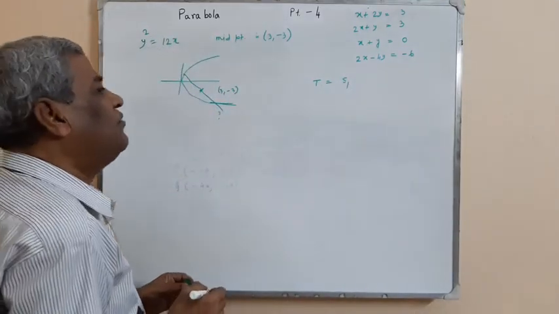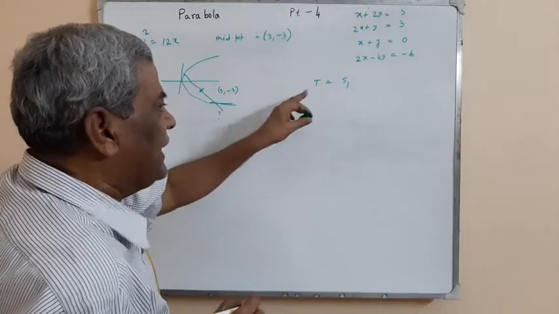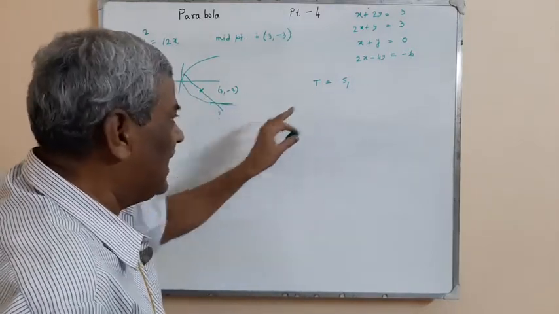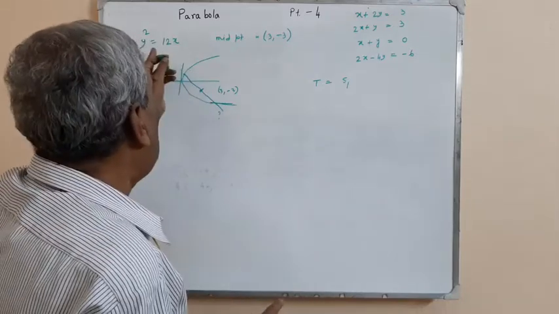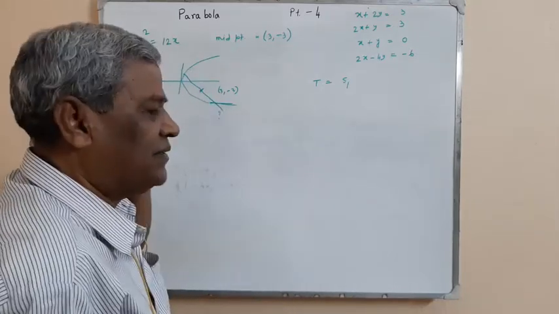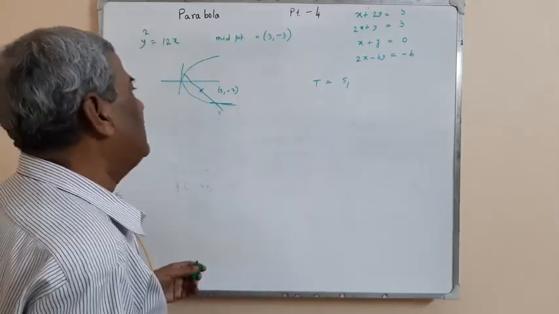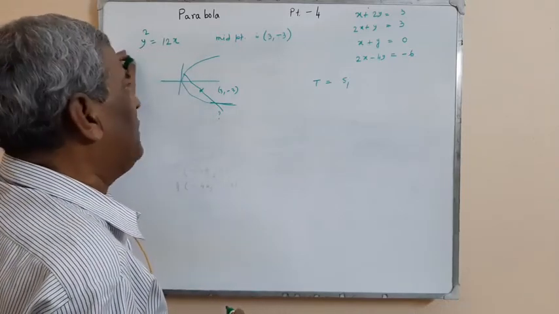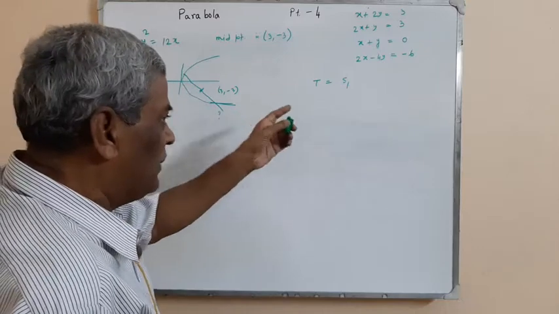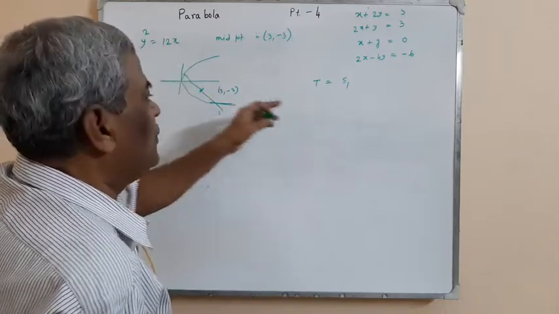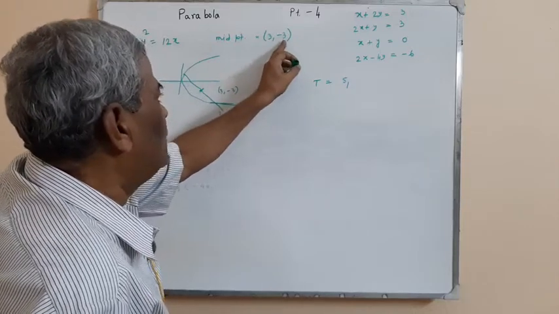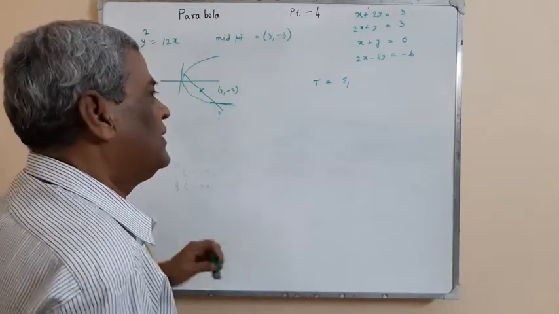T is, in fact, the equation of the tangent of that curve at that point. And S1 is the equation of the conic, the parabola, obtained by putting x equal to this and y equal to that.